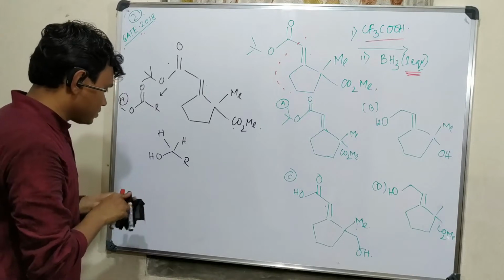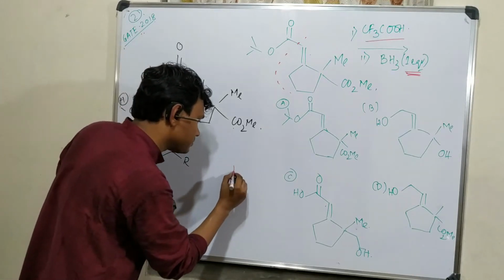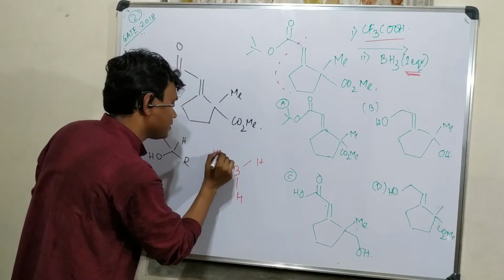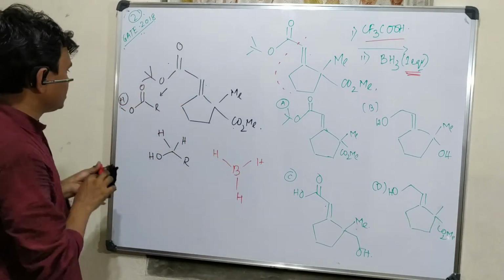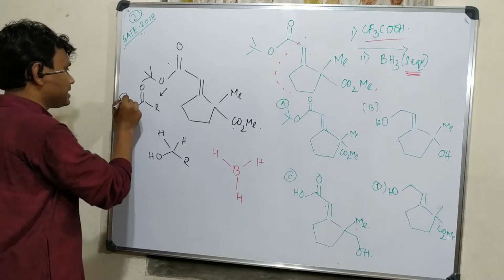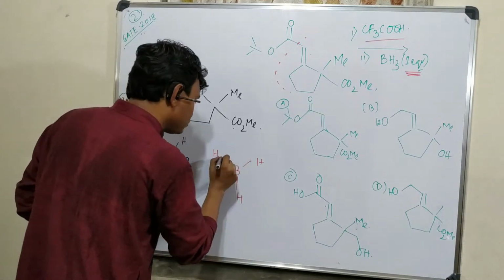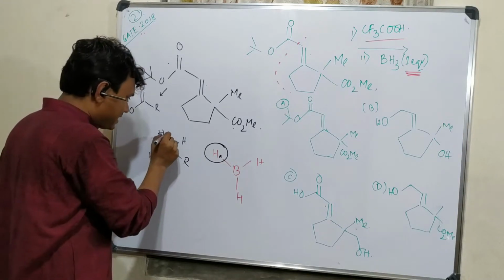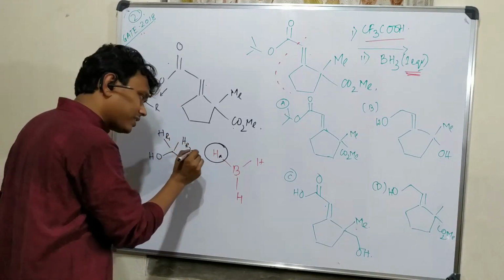So if we consider this BH3, 1 hydrogen, let's call it HA, reacts with 1 hydrogen H, so 1 hydrogen is gone. And this HR1, HR2 for reduction.